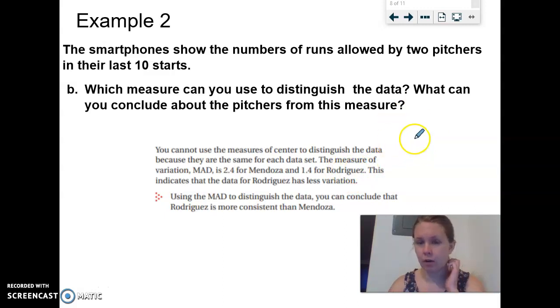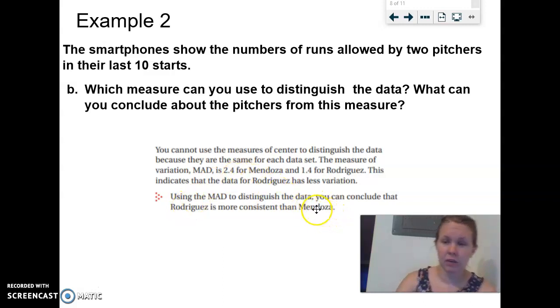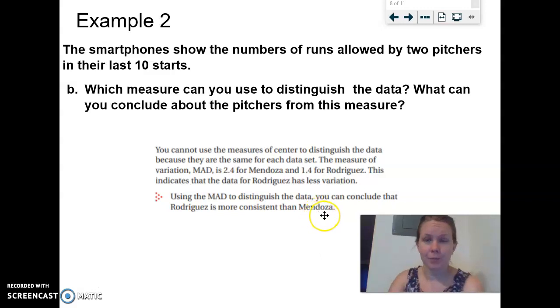Usually his numbers are all close together. So it says, using the MAD to distinguish the data, you conclude that Rodriguez is more consistent than Mendoza. Exactly how I just said it. He's a little more consistent. He's going to have about that many runs, whereas with Mendoza it could be none, it could be a few. I don't know.